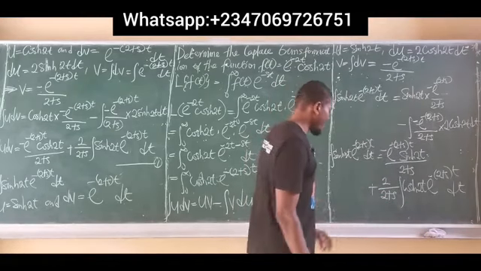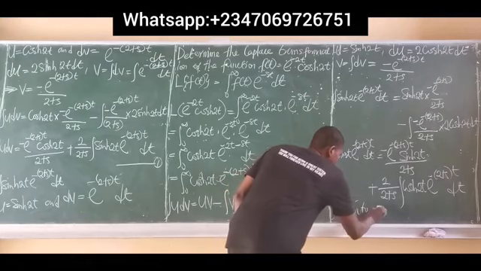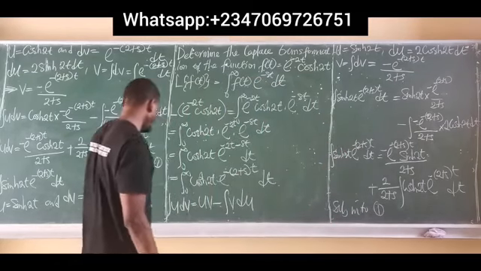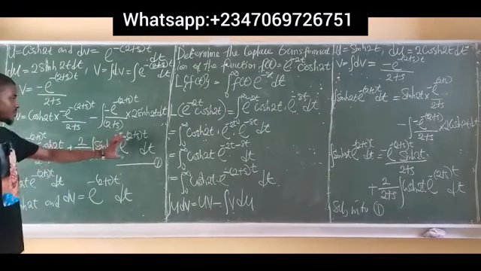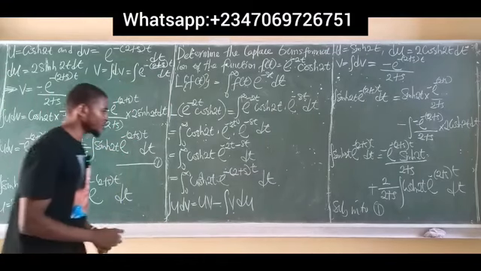So since we know this now, we can substitute this into equation 1. Put this into equation 1 in place of this integral. So in place of this, we are going to be putting in that value. We can do that over here.